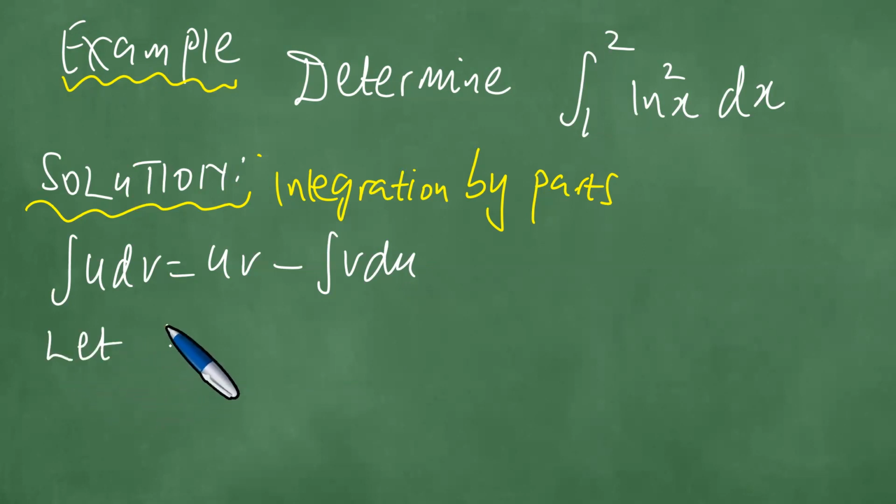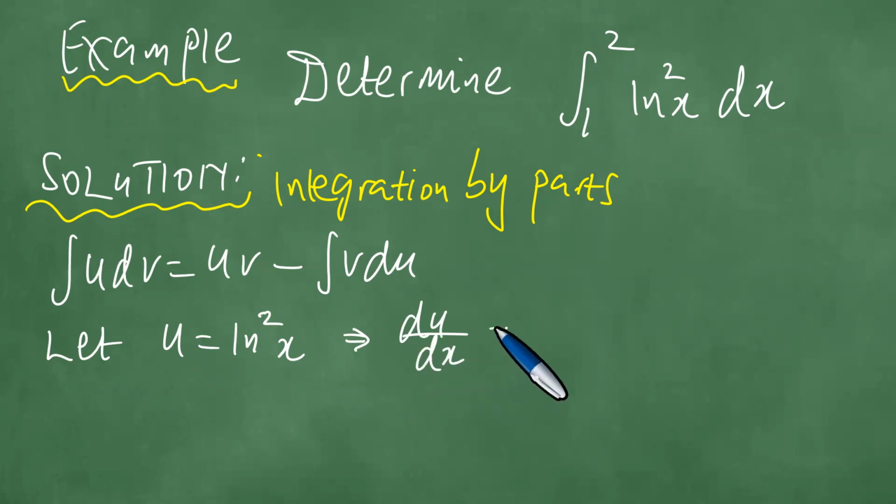So we let u be the natural log squared, which implies that du/dx is what? Here you bring down the 2, so it becomes 2 ln x, and you subtract 1 from the 2, getting a 1.